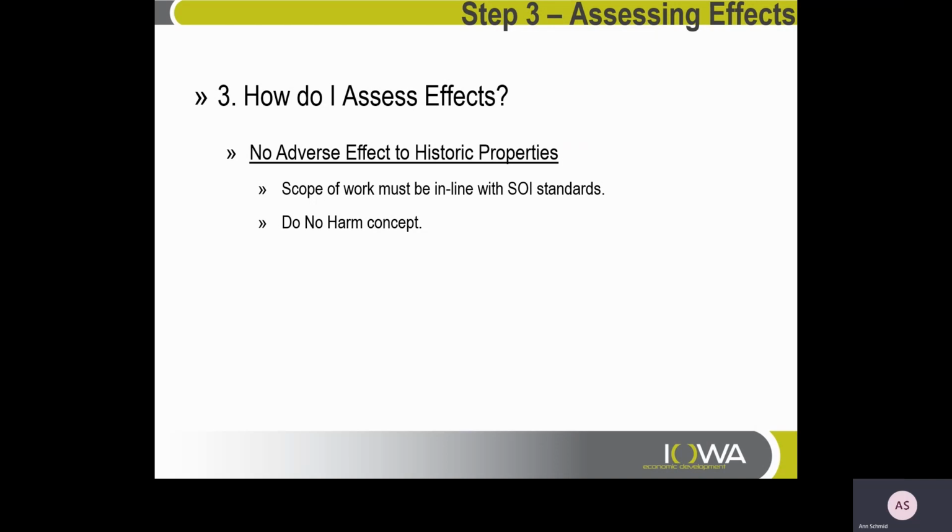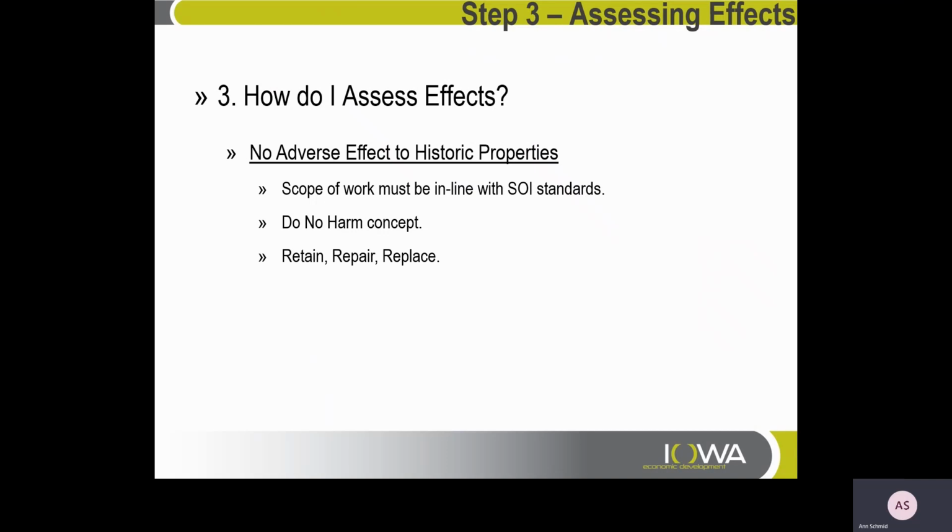Meaning if it had an undersized window at the time it was evaluated but still determined eligible, if we are looking at a replacement window, we could replace that undersized window, or we could enlarge the opening to the historic opening, but we could not infill that window and board it up, because that would be causing more harm than the undersized window that exists. So it's a spectrum of doing no harm based on the current condition and what we're proposing in accordance with the Secretary of the Interior's standards.